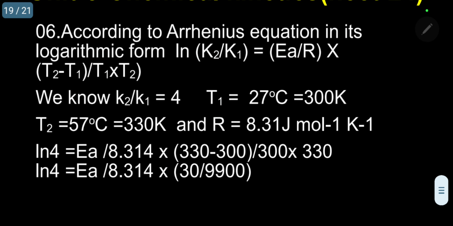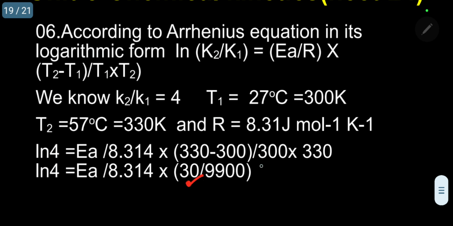The next one EA, kindly follow, by the R value 8.314 into T2 minus T1. T2 330 minus 300, the difference is 30.